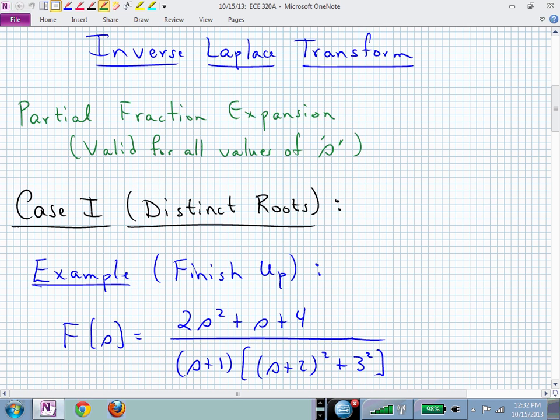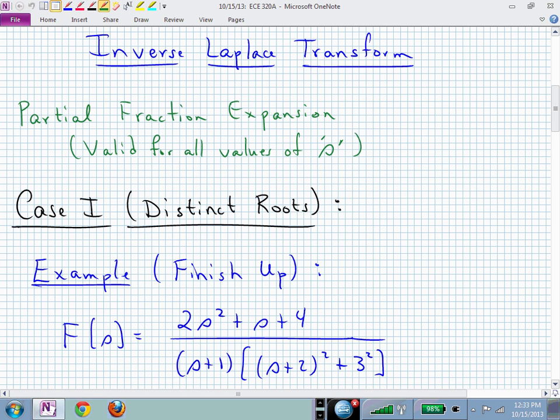In this case, we can just jump right in because the numerator is second order, the denominator is third order. And I have written the denominator in a way that it contains real coefficients, but that quadratic is written to emphasize that those are actually complex conjugate roots.